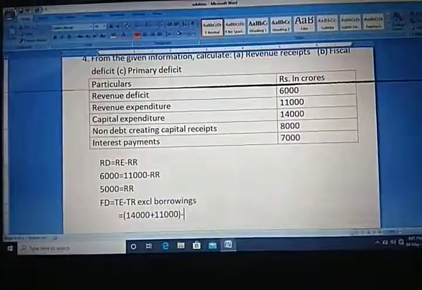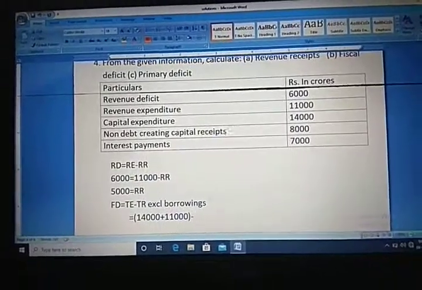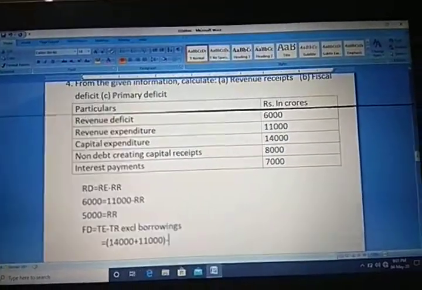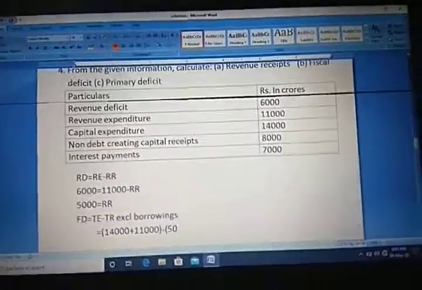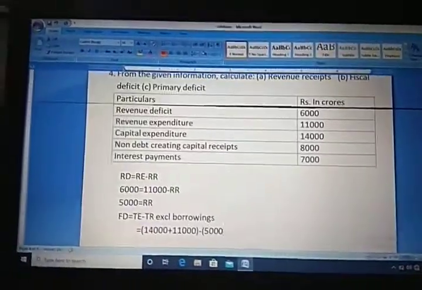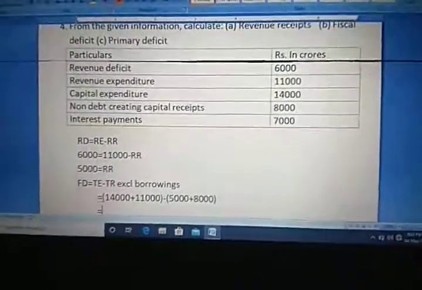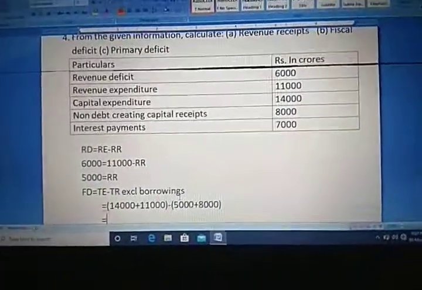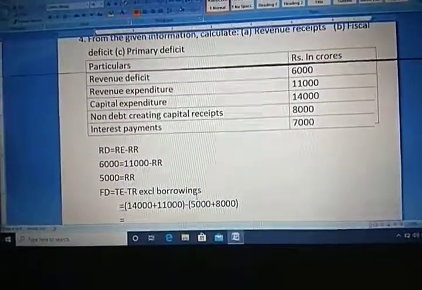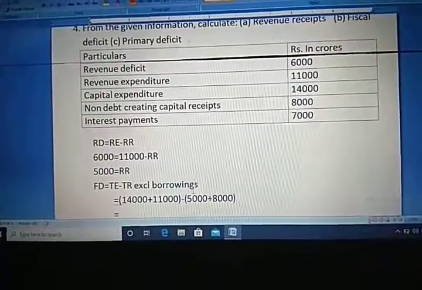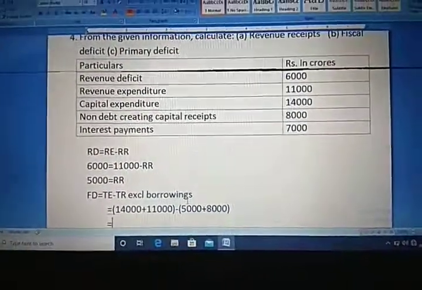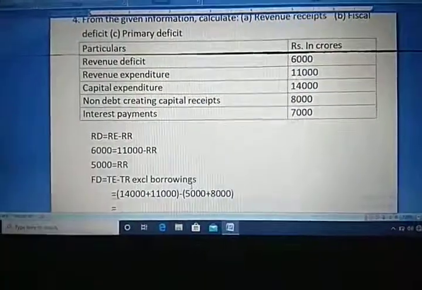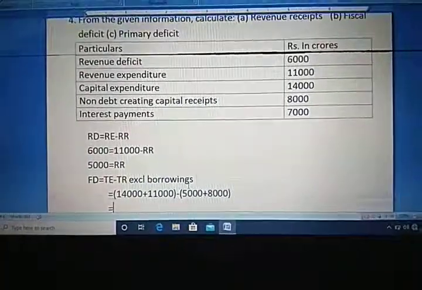Total receipt is equal to revenue receipt plus capital receipt. Revenue receipt, which we have already calculated, is 5,000, plus I have taken the non-debt creating capital receipt.